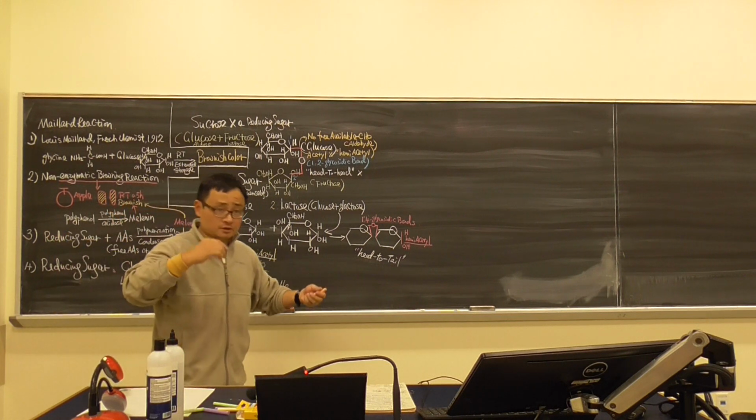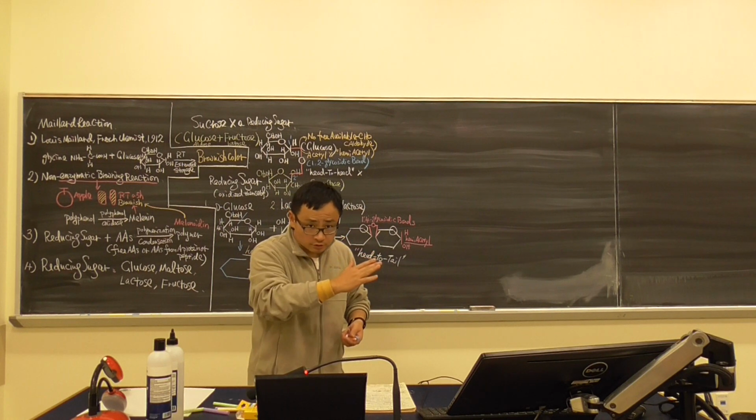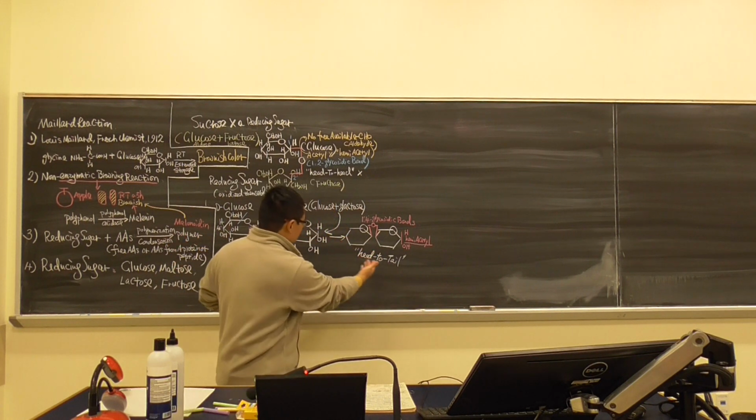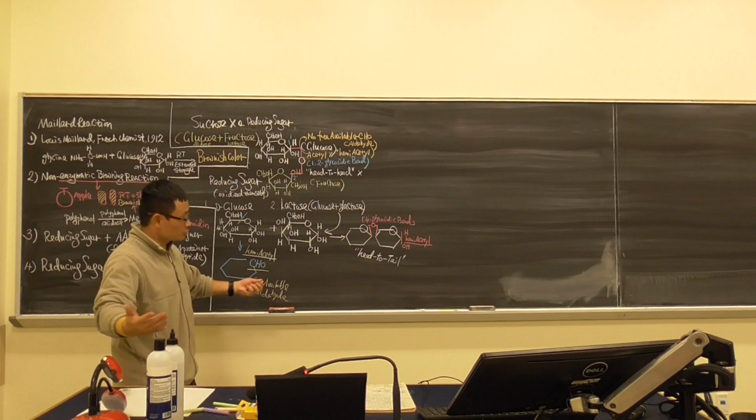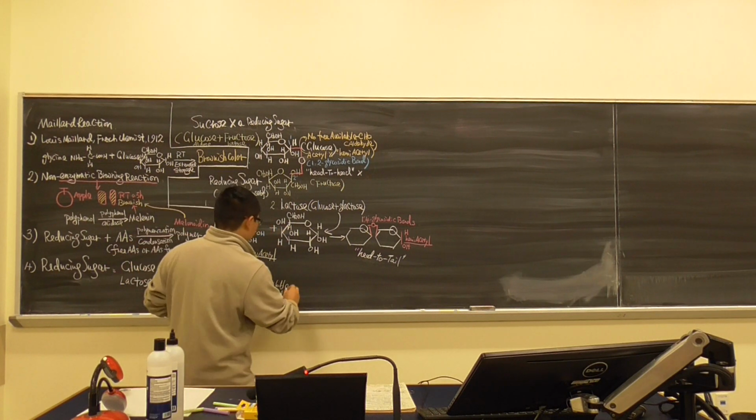You could draw maltose by yourself. What is maltose? It's glucose with glucose. Same as lactose. The only thing is this H goes down. Okay, you can draw it by yourself.